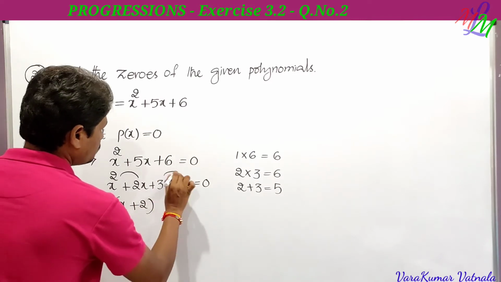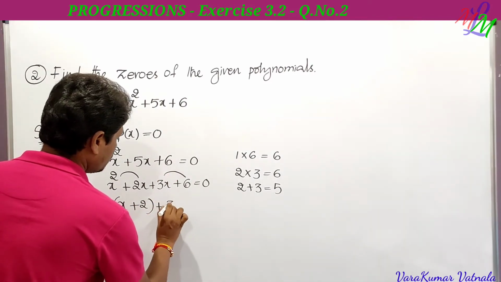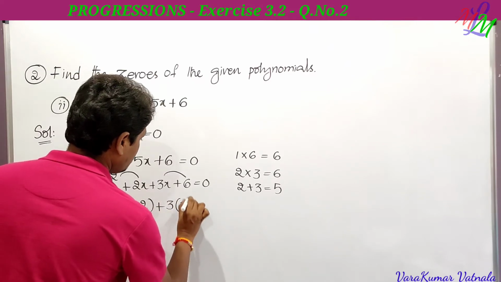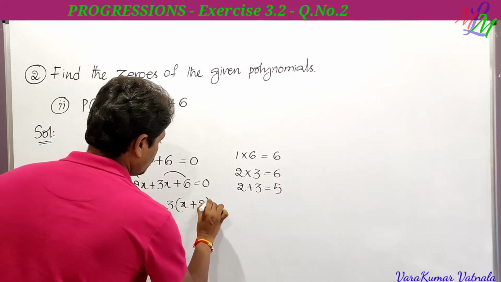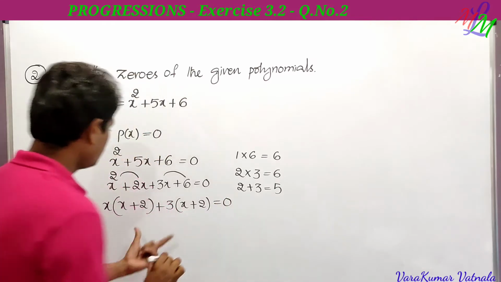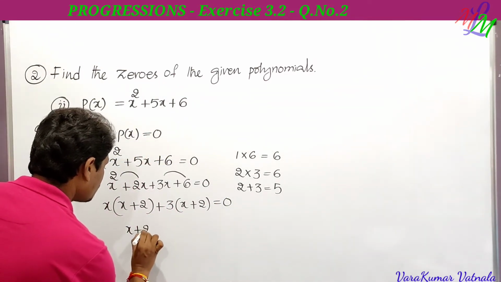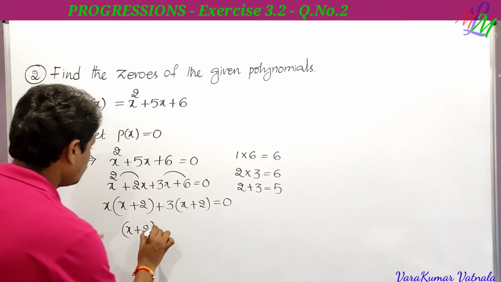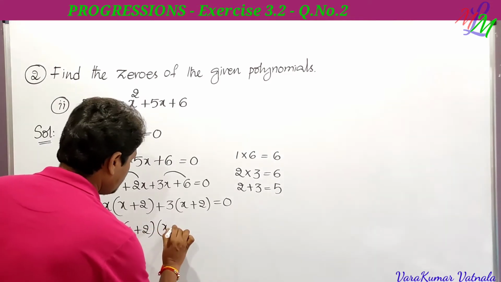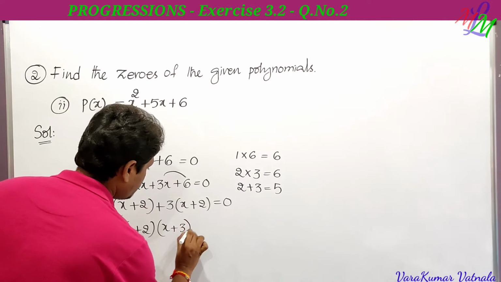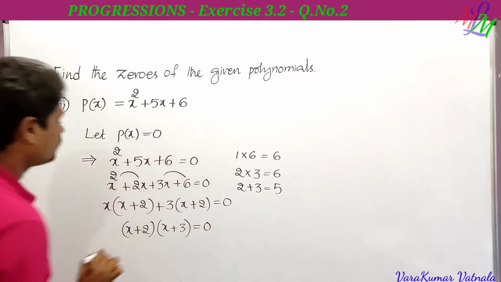In these two terms take 3 as common, we get x plus 2 is equal to 0. So in these two terms x plus 2 is common. Here we get x, here plus 3. So x plus 2 into x plus 3 is equal to 0.